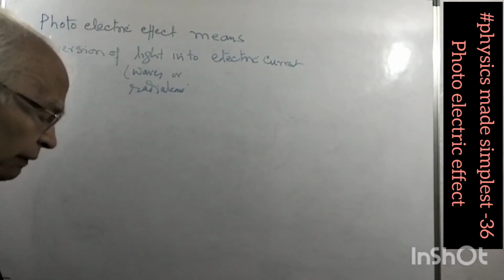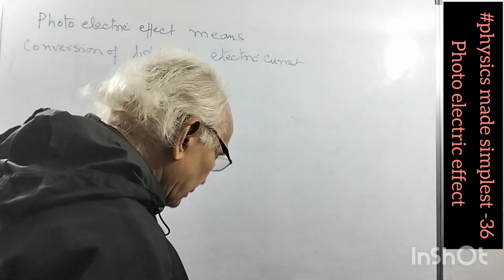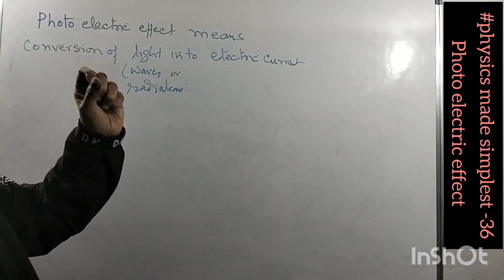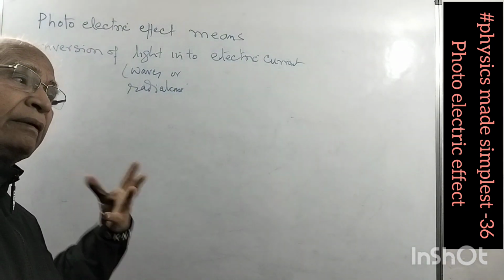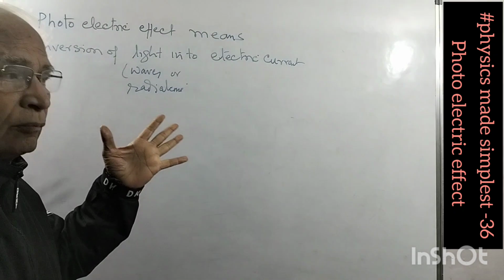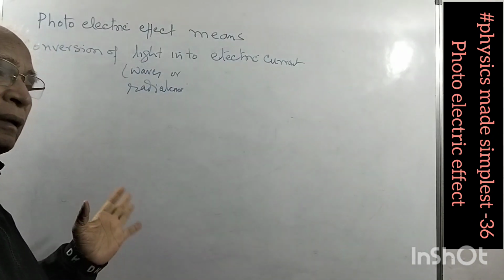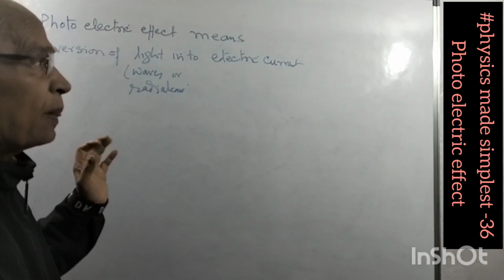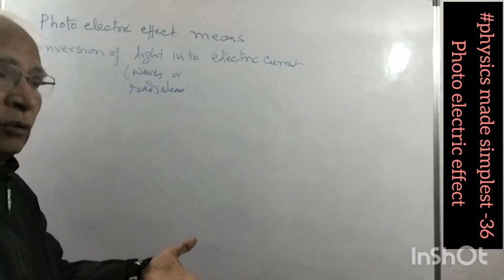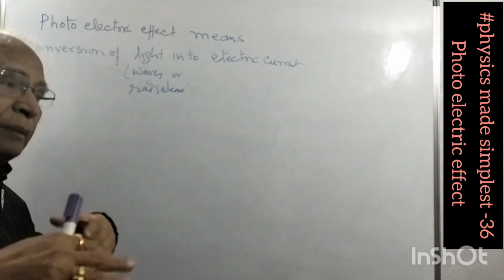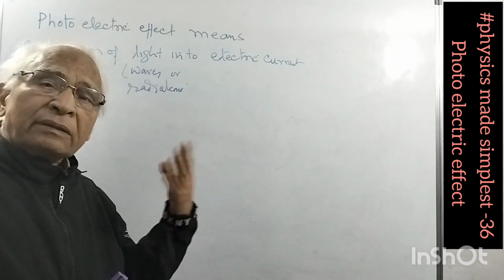So this is the important effect because this has tremendous application, because you are converting photons, energy quanta, which is light of different range, red color, yellow color, green color, violet color, any wavelength, so any frequency, into current. So it is conversion of one type of energy into other energy. You know, energy can be converted. Energy can be produced from matter, and matter can be converted into energy.